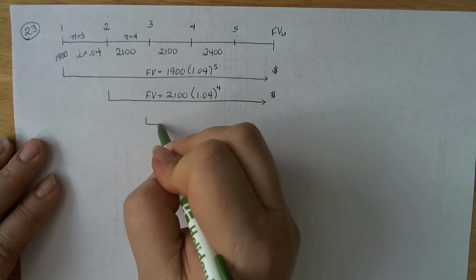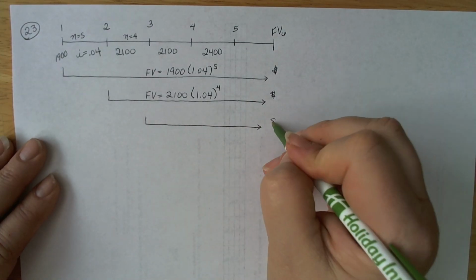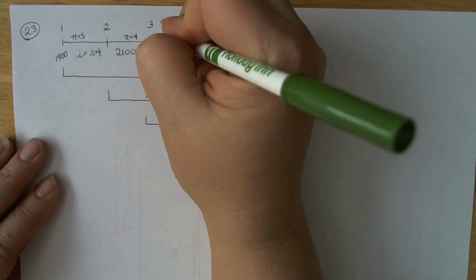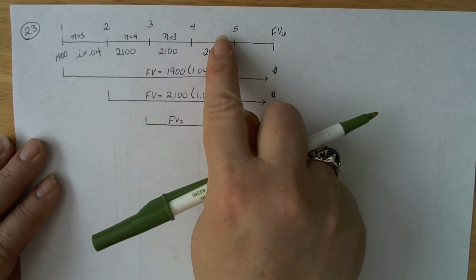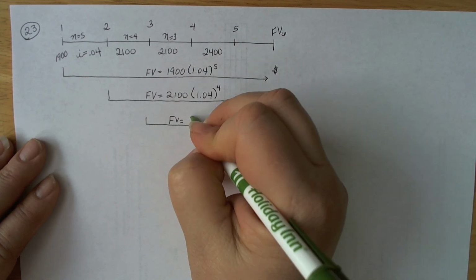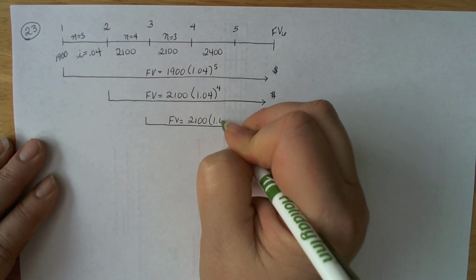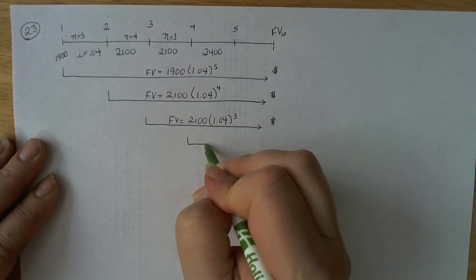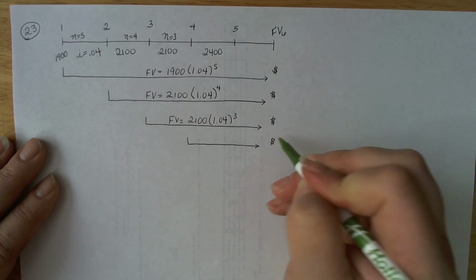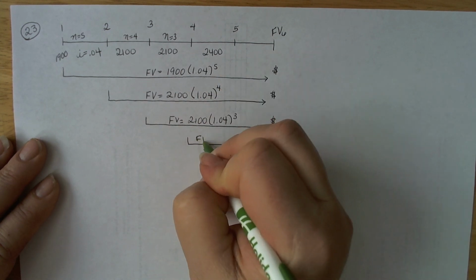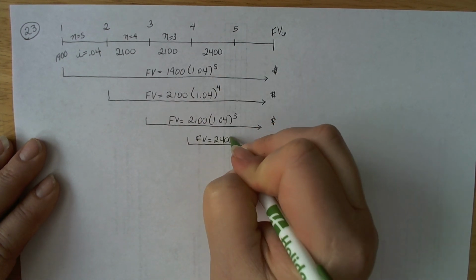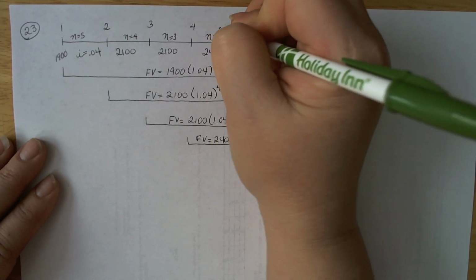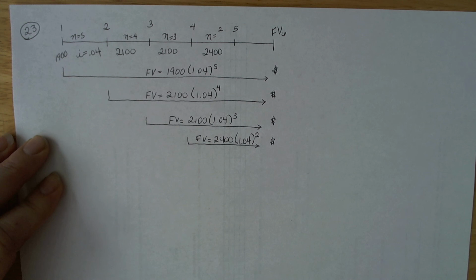Then the next $2,100 deposit has N equal to 3: 1, 2, 3. Future value is 2,100 times 1.04 raised to the third. And the last deposit, made in year 4, has future value equal to 2,400 times 1.04 raised to the second.